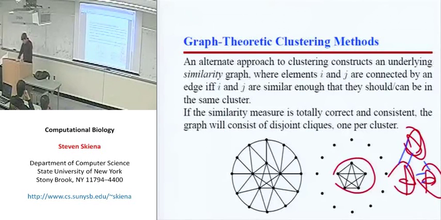And there will probably be missing edges, certain pairs that are, in principle, part of the same cluster, but our distance function was not sensitive enough to recognize that they were similar enough to belong in the same cluster.